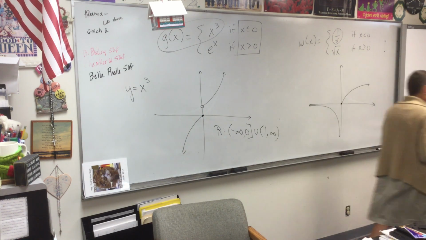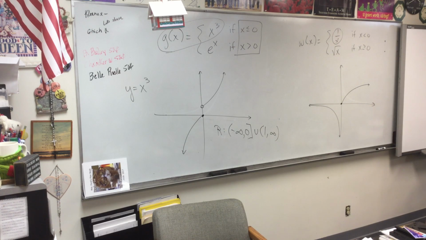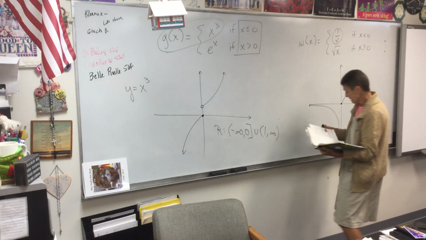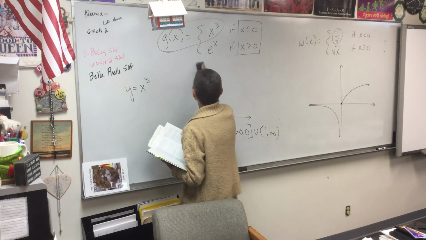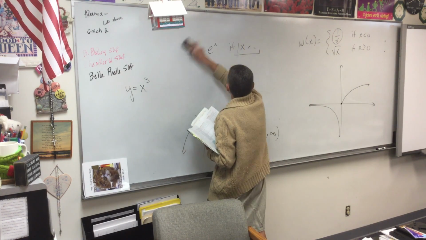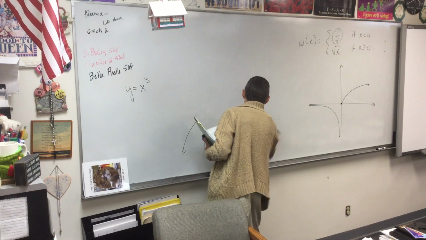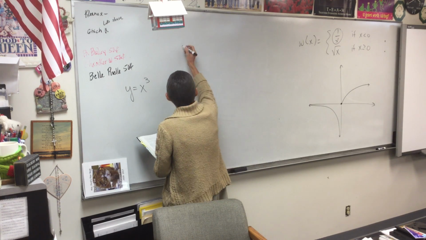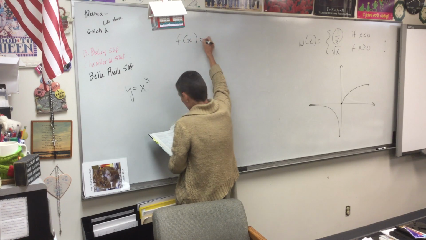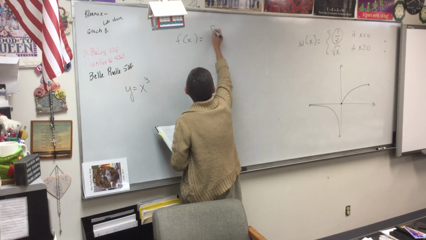Okay, we're going to do one more. This one's got 3 pieces to it. So let's do number 51 on page 114. And then you'll be ready to do this by yourself. So let's see, 51 says.